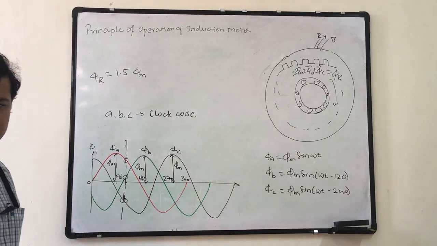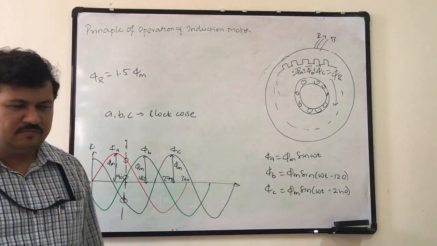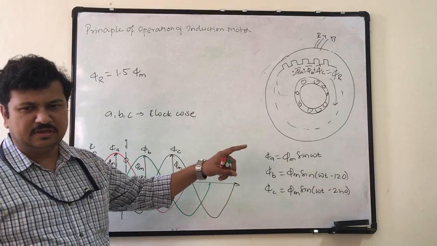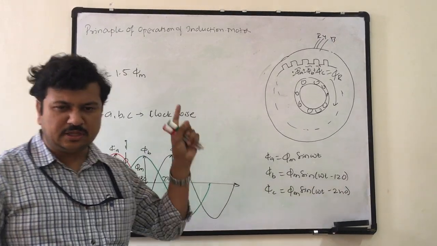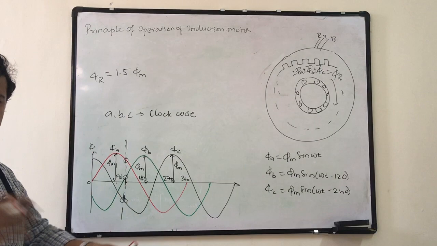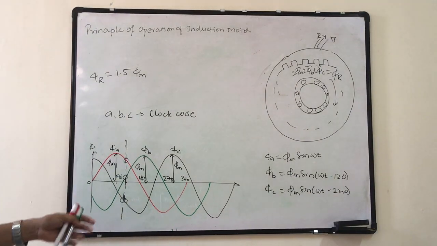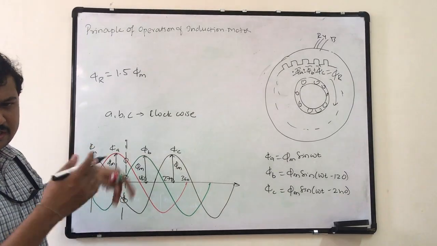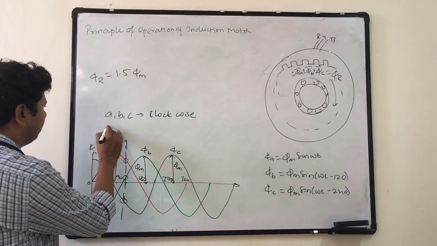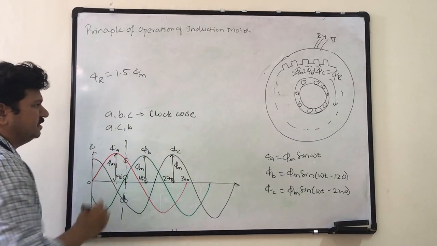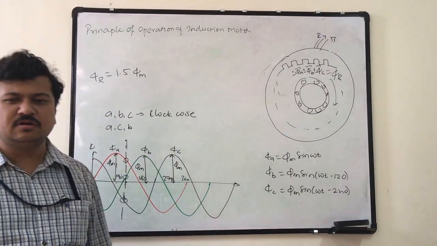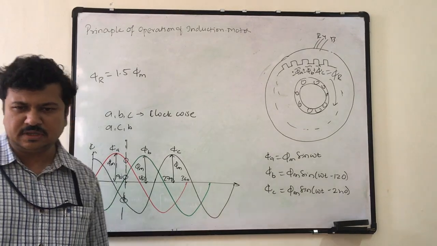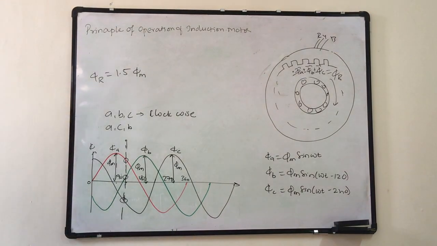If the phase sequence is RYB or ABC, the rotating magnetic field will rotate in the clockwise direction. It is observed in the lab. If I want the opposite direction, then instead of ABC, I will make it ACB. By changing the phase sequence, I can change the direction of the induction motor. Okay, so that is the importance of phase sequence, which we studied in three-phase circuits.